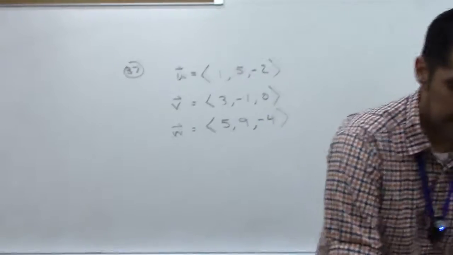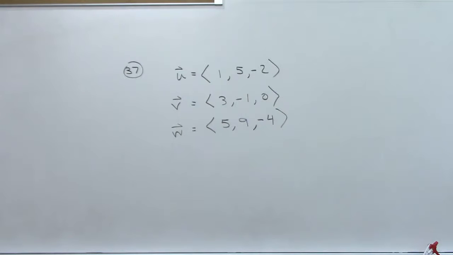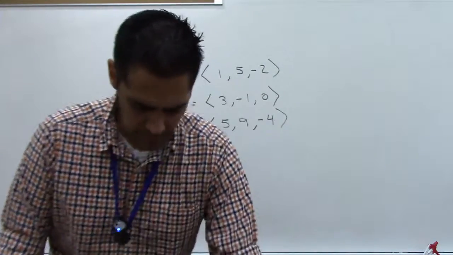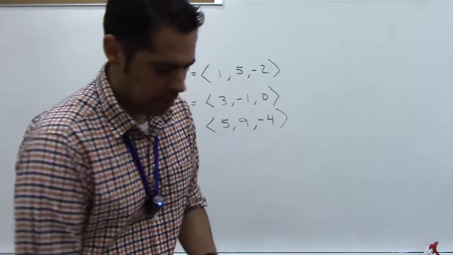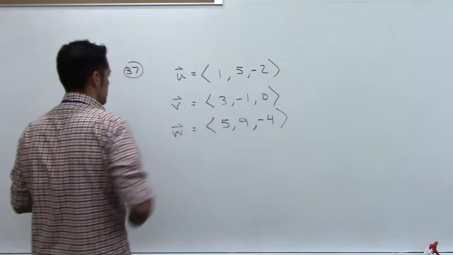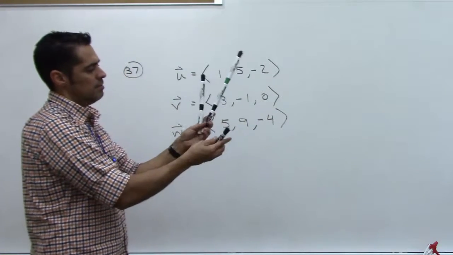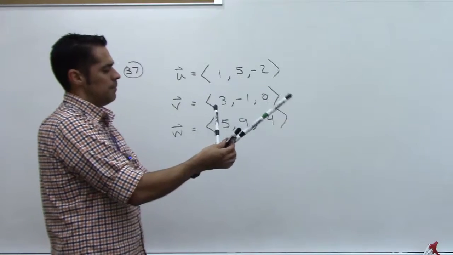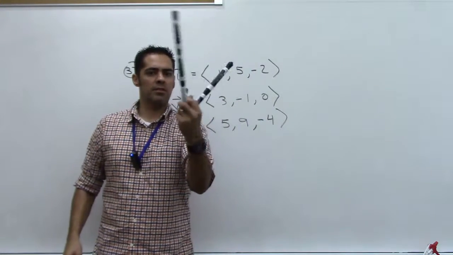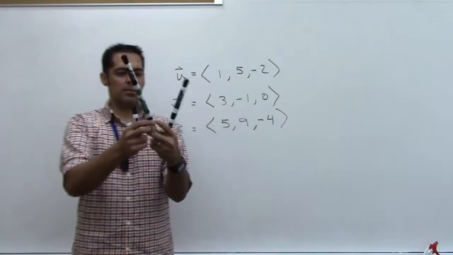All right, so here's what they're trying to get us to see here. We have 3 vectors, let's say U, V, and W. And when we take these vectors and we put them all tail to tail to tail, what we want to show is that these 3 vectors are coplanar, which means that, let's say we take 2 vectors, just 2.